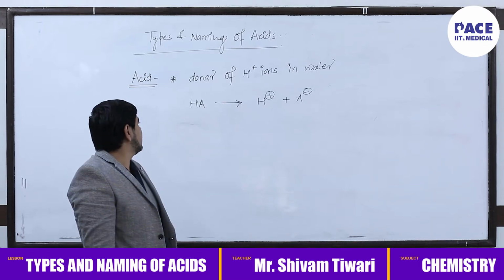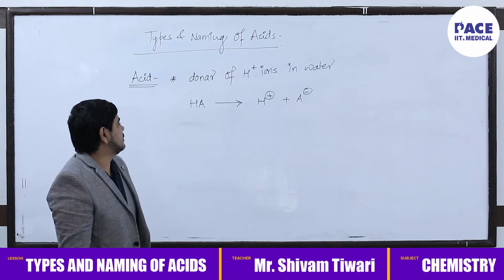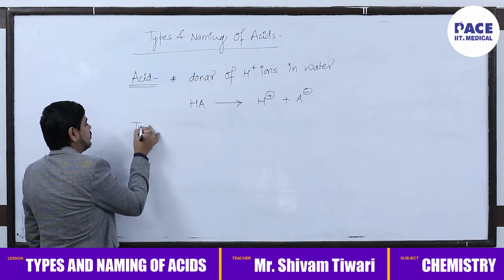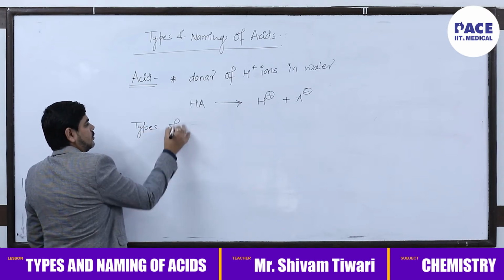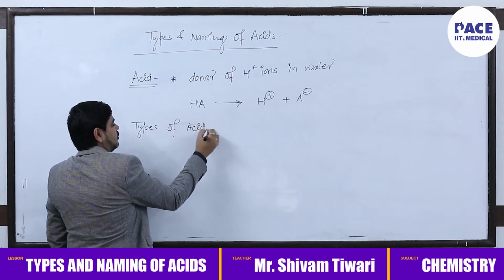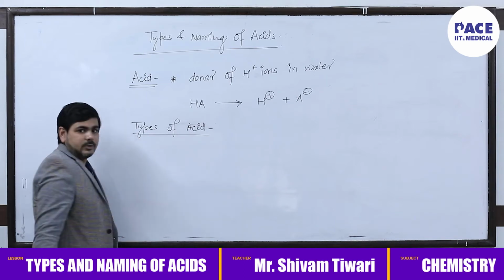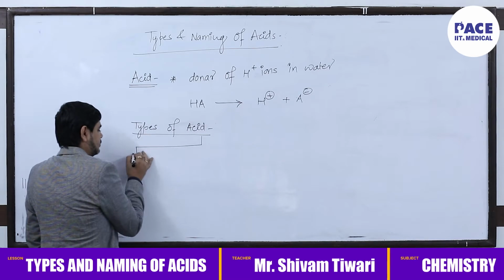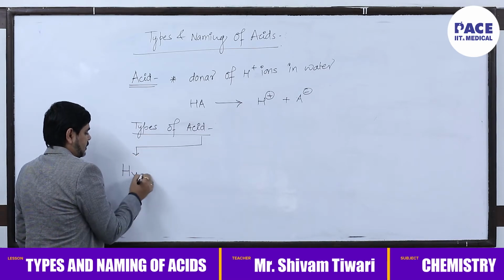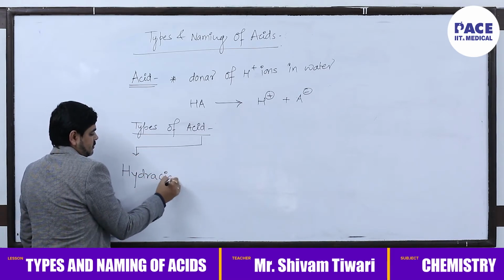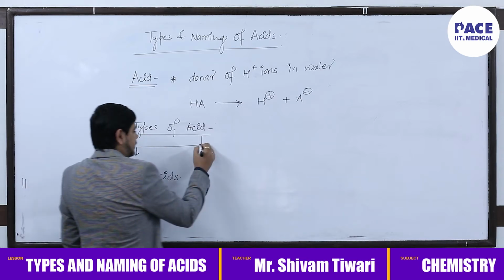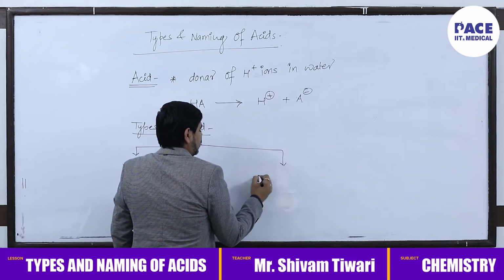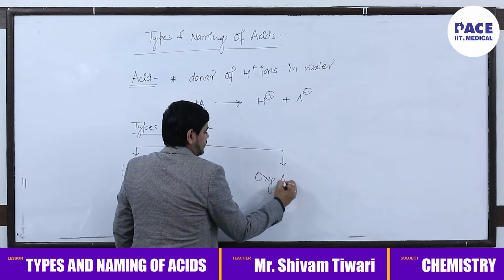So now understand types of acid. There are two types of acid: one is hydroacids and another one is oxyacids.